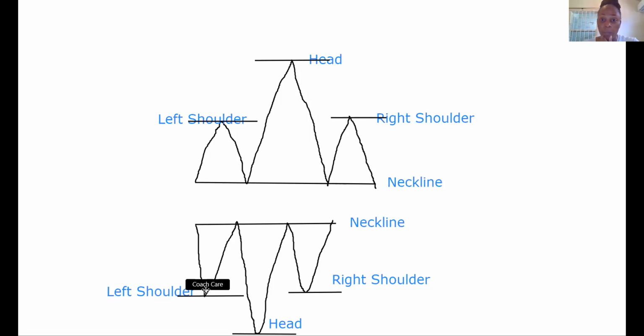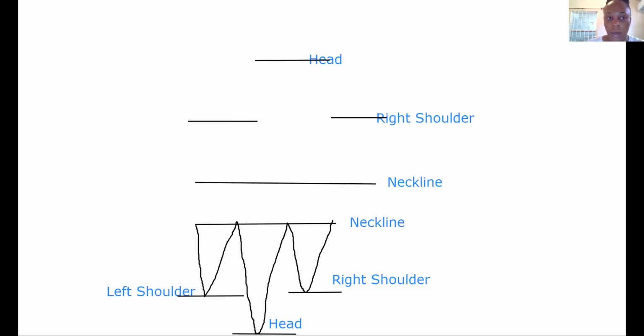Now, one of the things to confirm whether or not you have a head and shoulder pattern forming before a right shoulder is formed. So before you get the right shoulder, if I just remove this, we're going to draw it over again. Let me actually do it straight. So let's do this. All right, so this is what happens first.